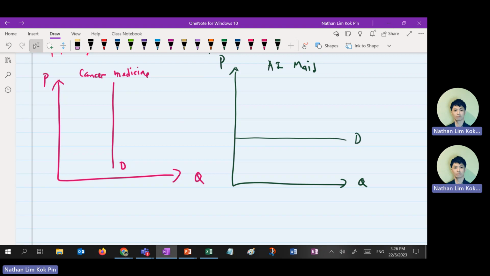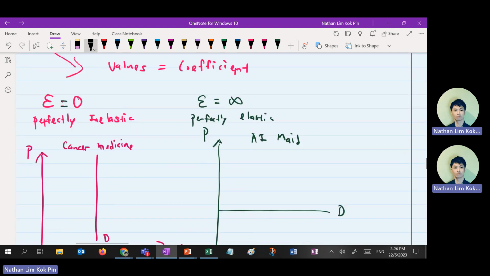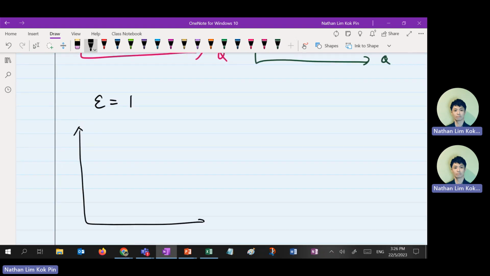We also talk about unitary elastic, where elasticity equals to 1. For unitary, I told you that you can either draw the percentage, or you can draw it like that. This is unitary elastic.